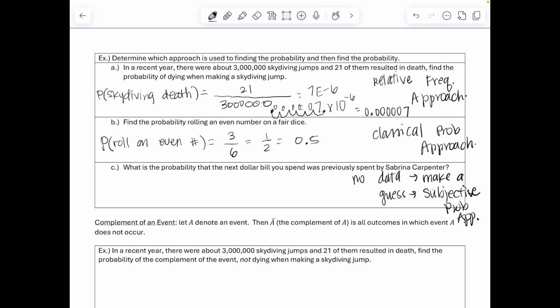For the subjective probability approach, I'm going to say this answer is very unlikely for myself, so a very small probability. And I am just going to say it's about 0.000 and then a 2. I'll put in a bunch of zeros here to represent that it is very unlikely. It is up to you for whatever number this is. Maybe you were just talking to her and there's more of a likelihood that you have spent $1 that was just spent by her, and so you might have a larger number. Or you might just have a 0 if you don't even use cash.